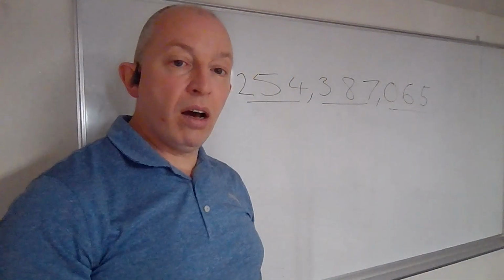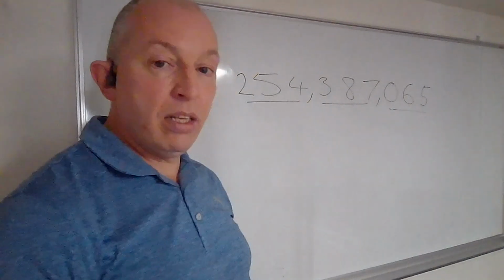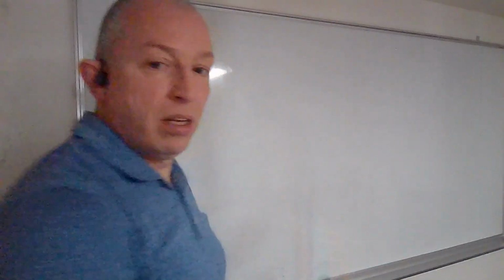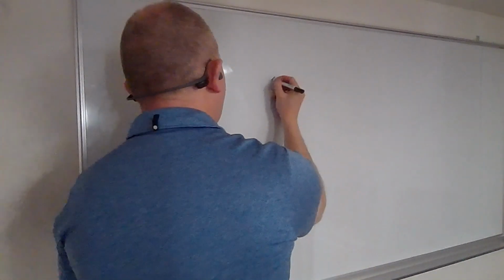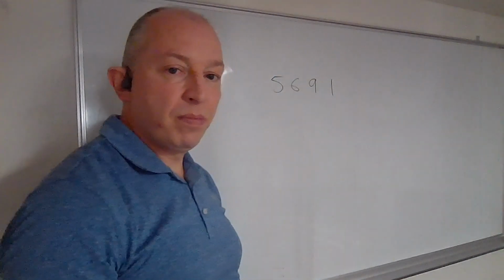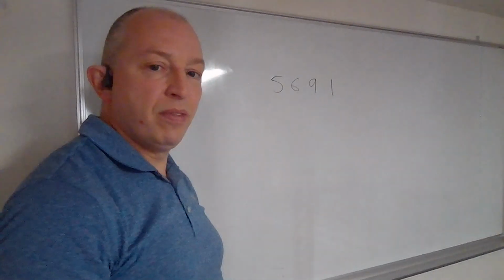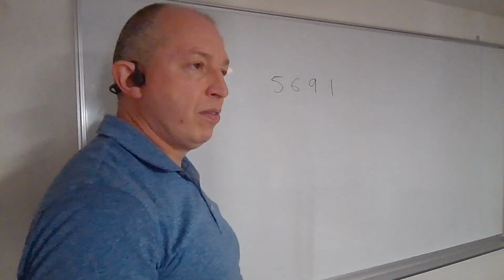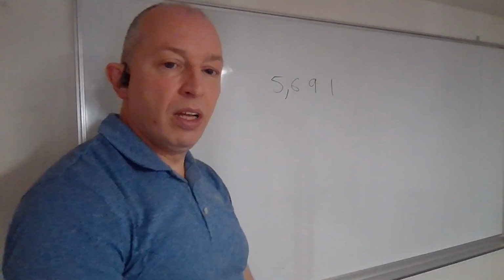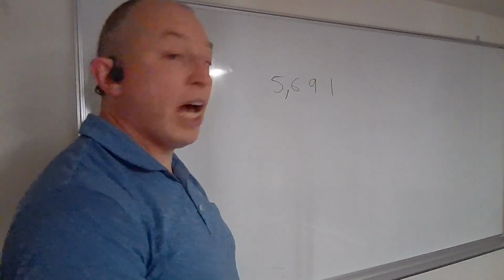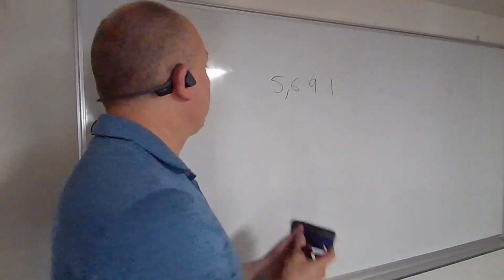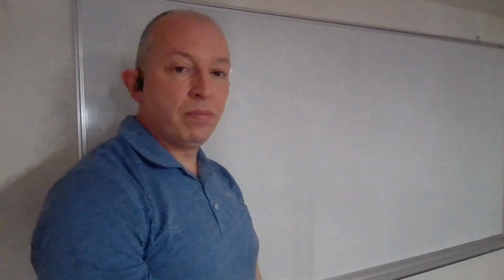Right, so now I'll do some numbers for you and then you can test yourself. So, what's that number? Comma here, 5,691. Let's do another.